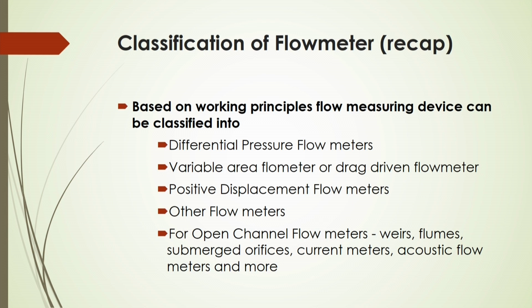We have already talked about those different types of flow meters, and also the different types of positive displacement flow meters. Other different types of flow meters we will also discuss in the next lecture.